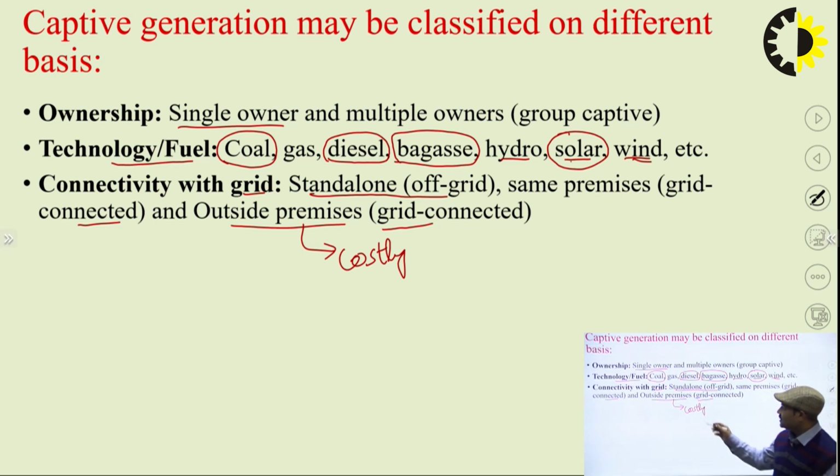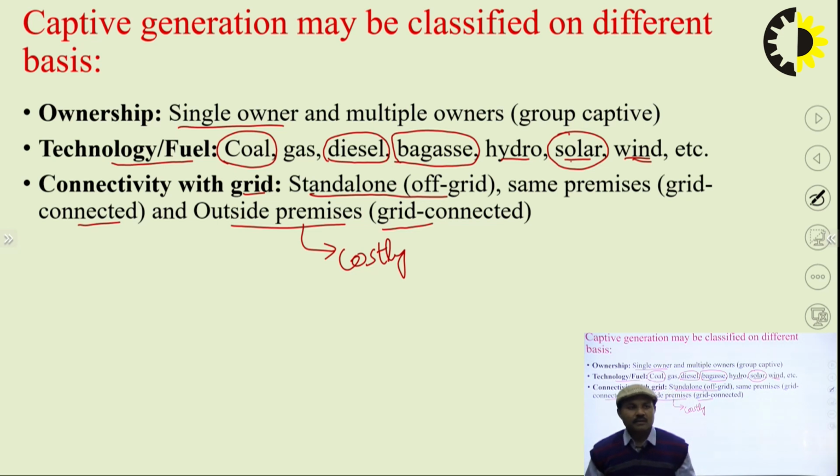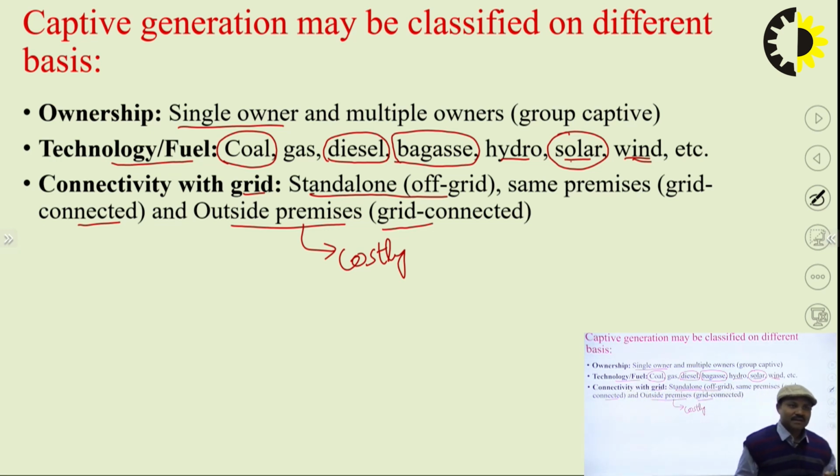But normally for a low capacity power plant, it is not advisable to have grid connectivity whenever the grid is not available in our campus, or it is far away from our campus, because to connect the grid from the campus we need wires, or some bare aluminum conductor, as well as some civil structure.